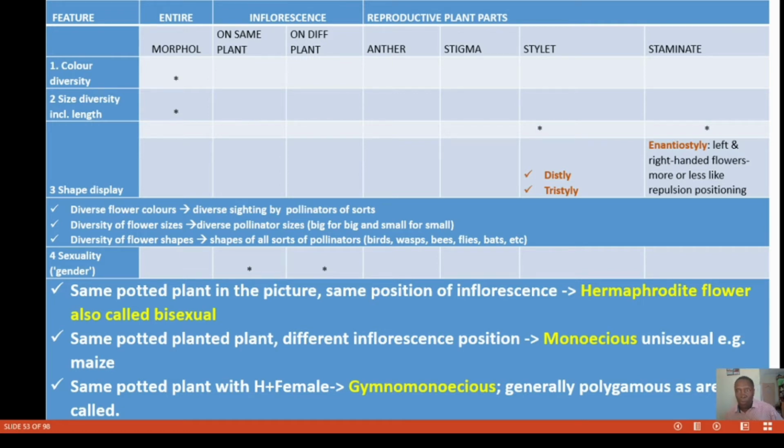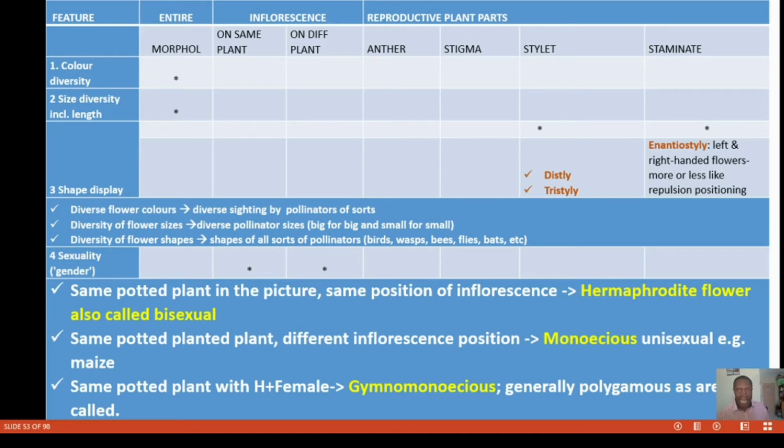And so when we are looking at the entire plant, we have not just the color diversity that is displayed. We also have the different sizes of the flowers displayed, and we have the shape display.